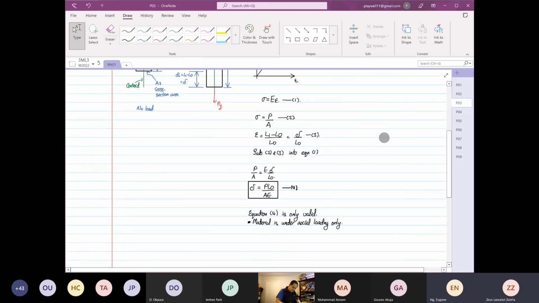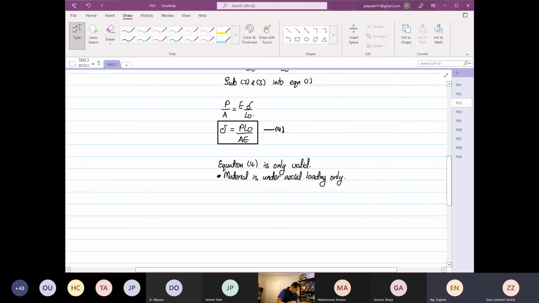Okay, and then the next thing is when the stress is in the elastic region, the material must have a linear stress strain relationship.